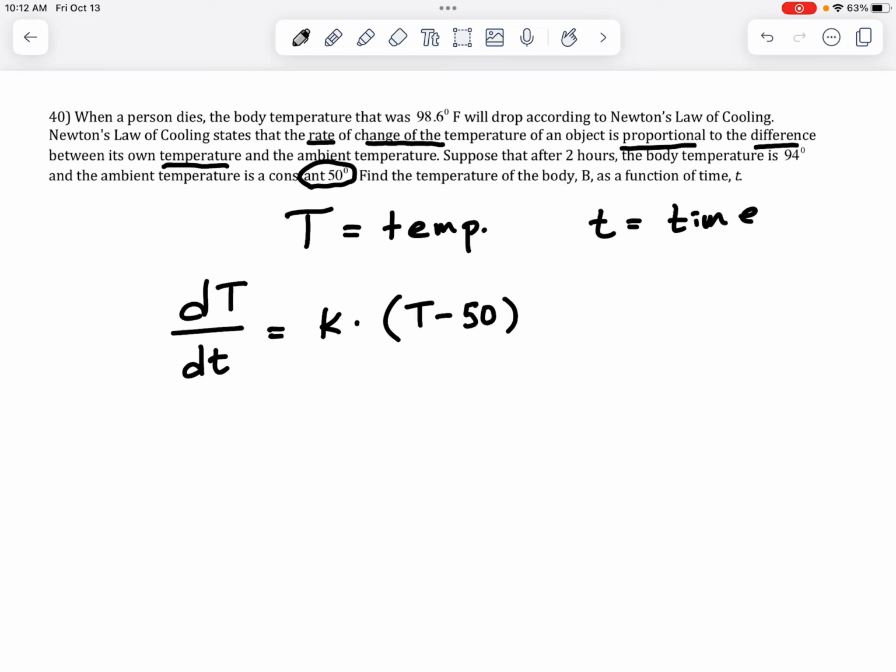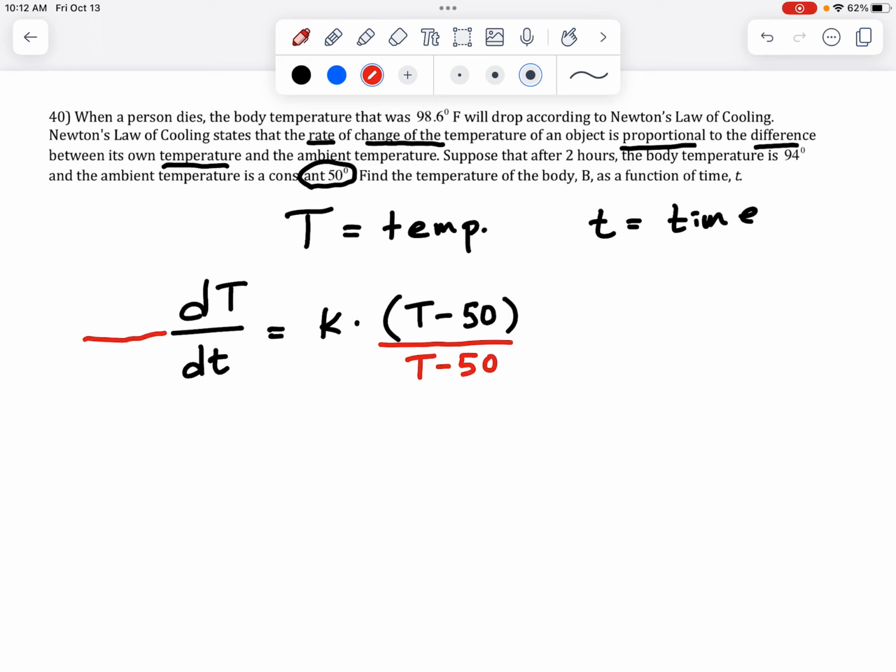And this is separable, so we can put all of the capital T information on the left side. So divide both sides by T minus 50. And then also multiply both sides by dt. And so on this side, the dt's are going to cancel, or d lowercase t's will cancel.